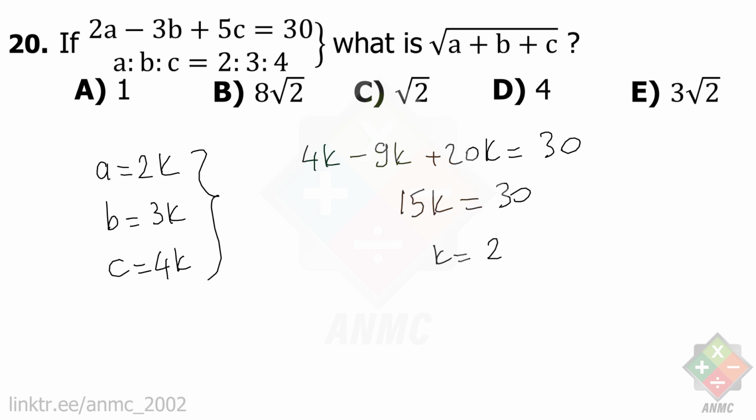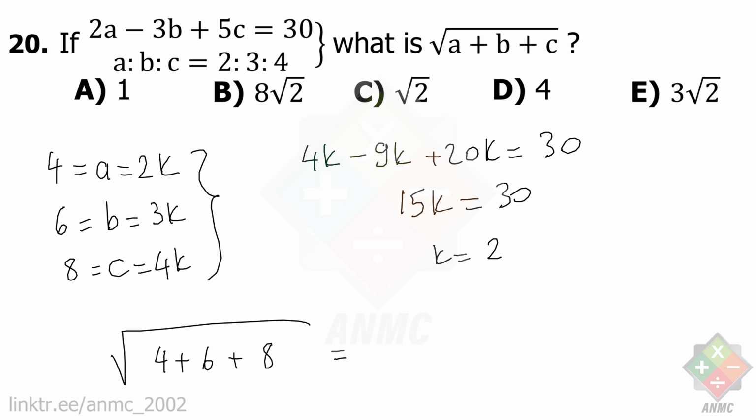K is 2. This means a is 4, b is 6, c is 8. Totally, root of a plus b plus c, 4 plus 6 plus 8 is equal to root of 18. Root of 18 is basically 3 root of 2. The answer is E.